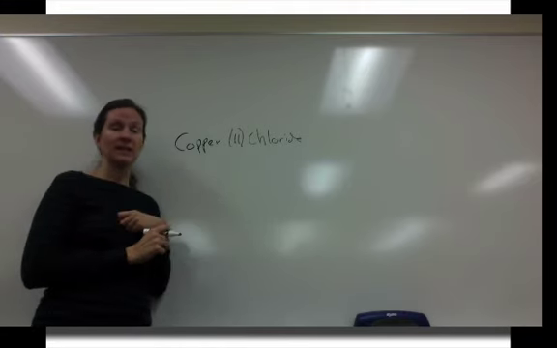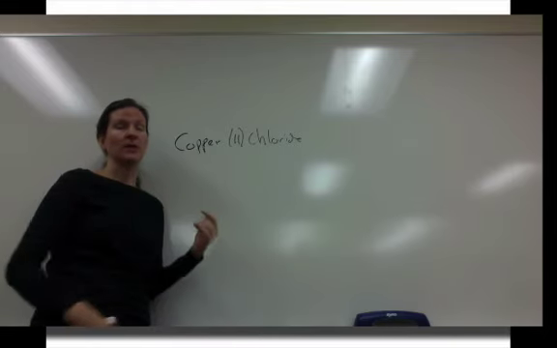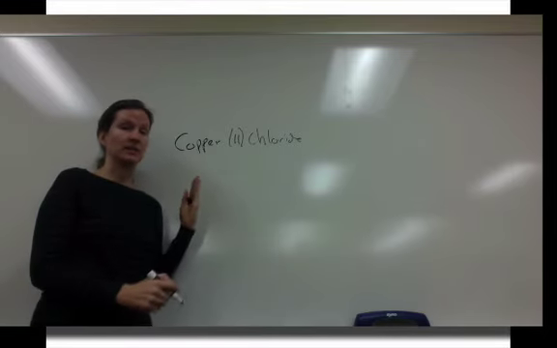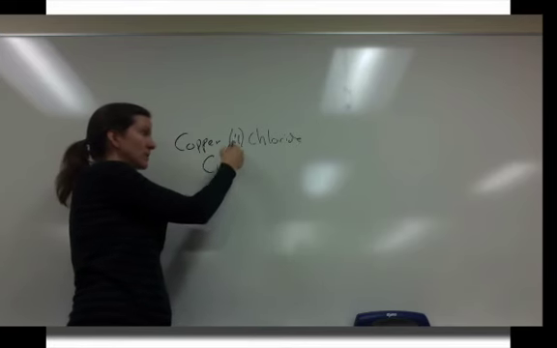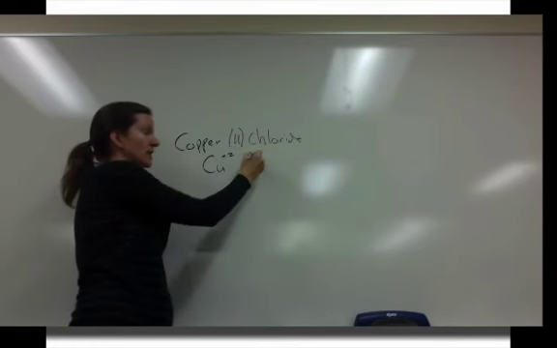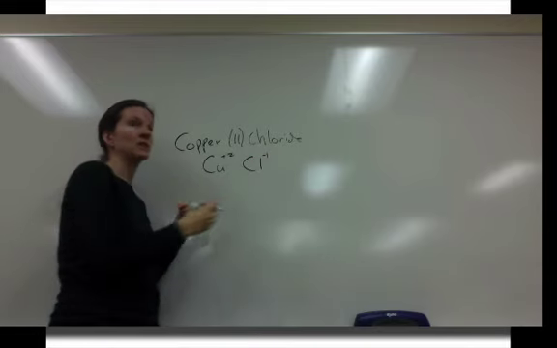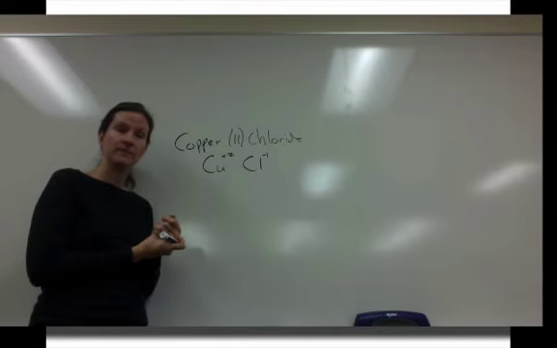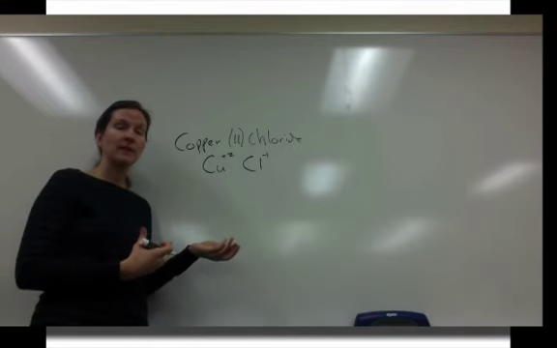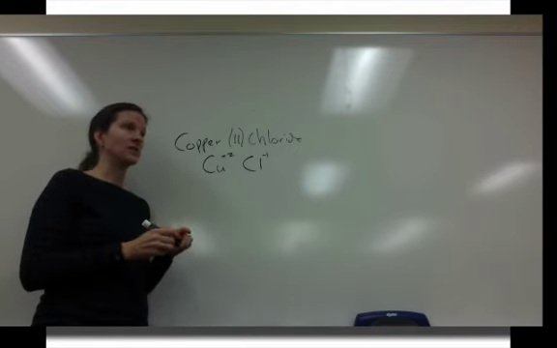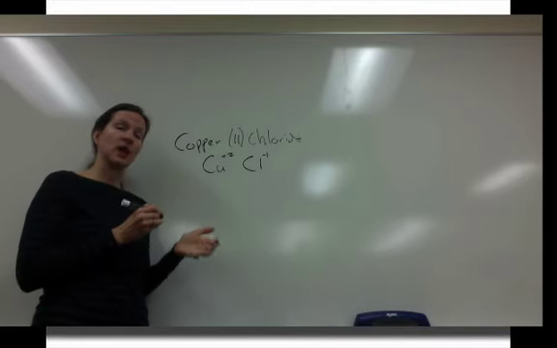So if I'm given this name, the first thing I always determine is what ions are present. Okay, copper is Cu, and it has a charge of +2 because of the Roman numeral. Chloride is chlorine, which always has a charge of -1 based on location on the table. So given that information, I have to figure out that least common multiple thing. If that's confusing to you, there's a situation that I usually call a crisscross.